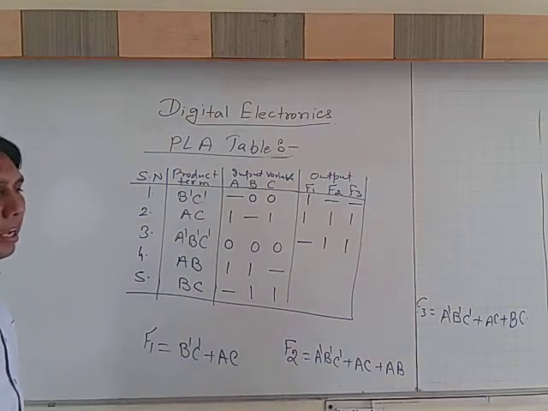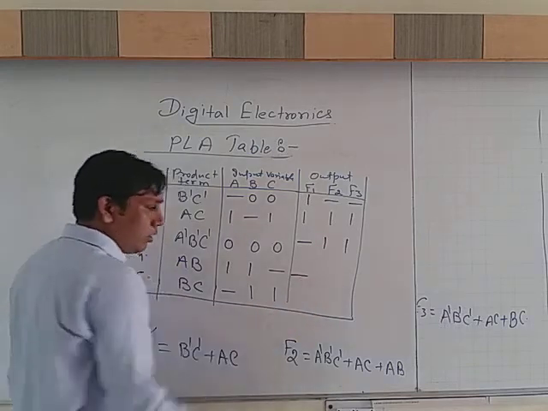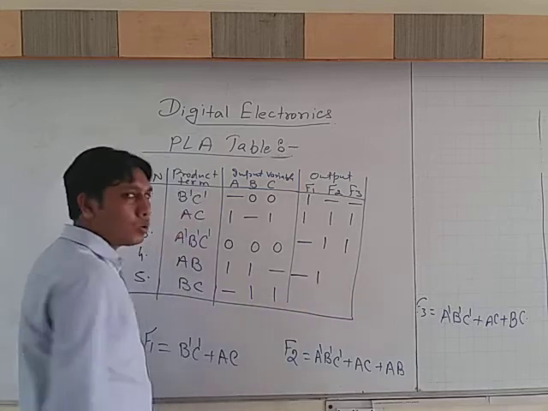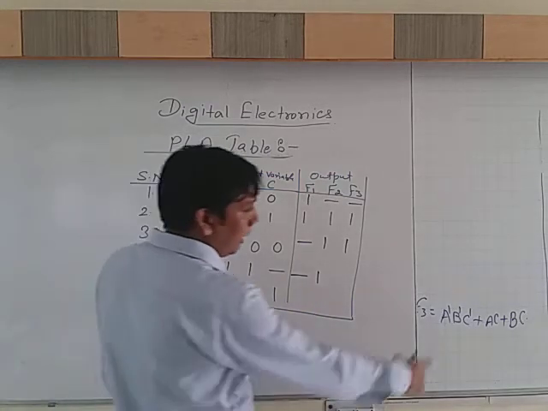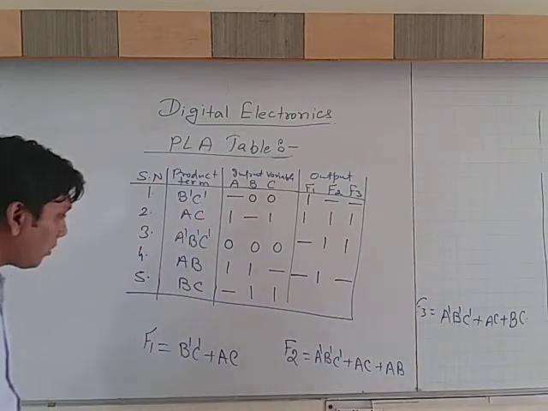a 1 in F3. AB is not available in F1, it is dash. AB is available in F2, so 1 will be put in the column of F2. AB is not available in F3, so there will be a dash.